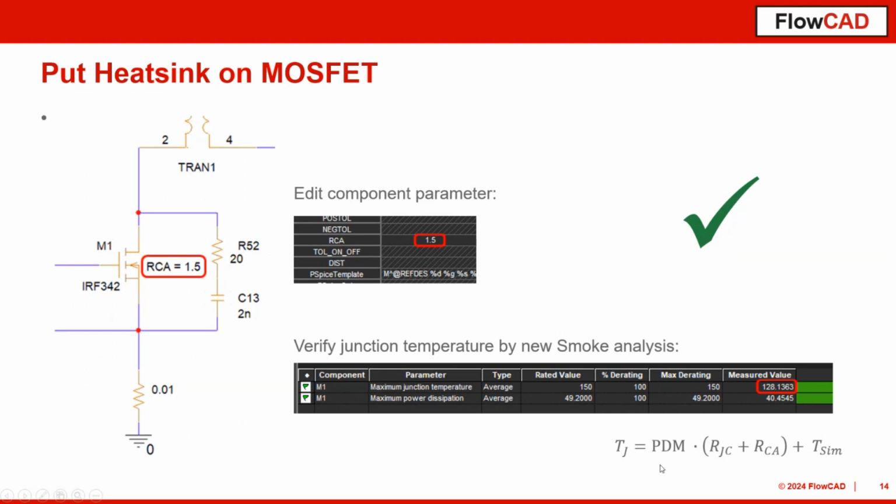I have written this formula down again so that you can see RCA is not the only possibility you have to lower the junction temperature. You can also try to lower the overall power dissipation. You can lower the power dissipation if you know a little bit more about these transistors.